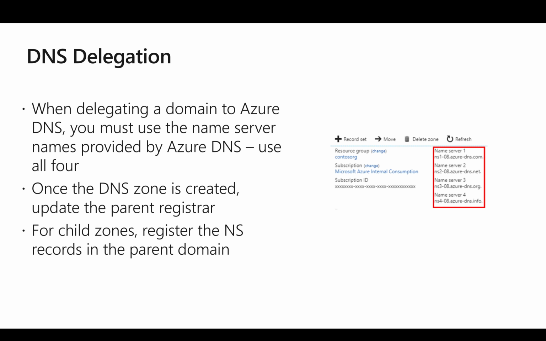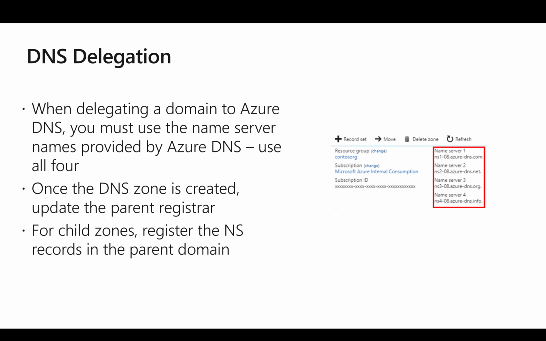So we will have name servers listed for each and every DNS zone, and as you see in the picture, there will be different name servers for each different top level domain. Say for example, we have four domains here, one for .com, .net, .org and .info.